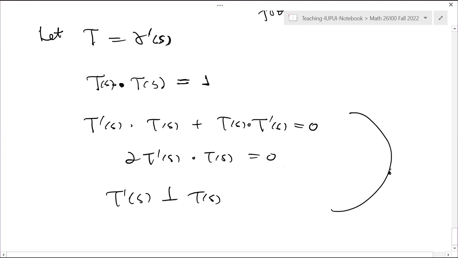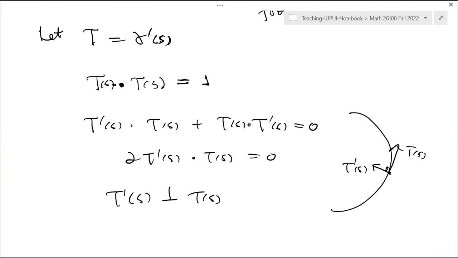So this is a picture. This is a tangent vector. And another vector, maybe shorter, that is a derivative. Based on the experiment, I found out, first of all, this is a direction where the curve is curved. It's bending.